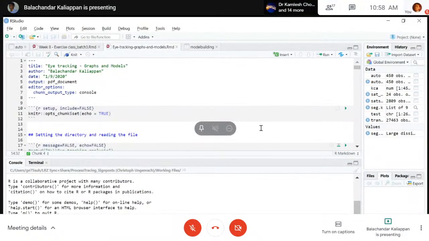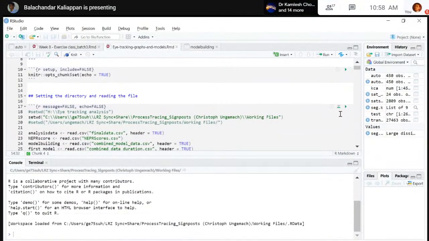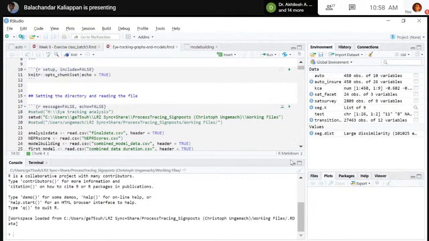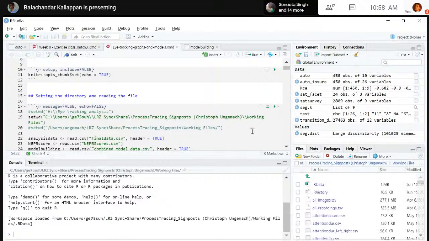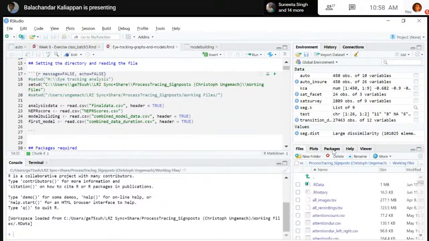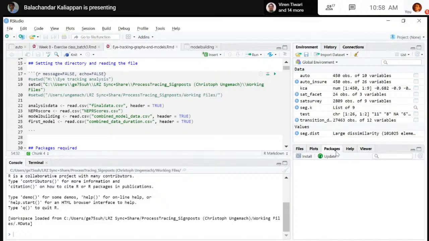Okay. Then this one is called your environment pane. This tells you what kind of objects you have. And the one at the right hand side corner is your files pane, where you can find the files that are in this directory. It also shows the packages that you have installed, and also the plots that you have created.